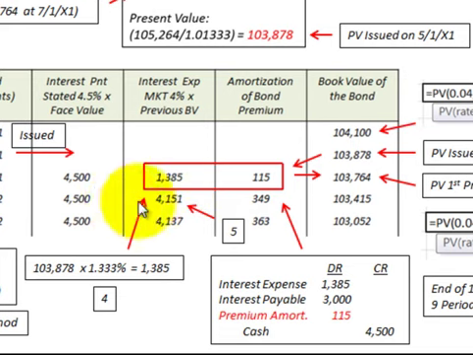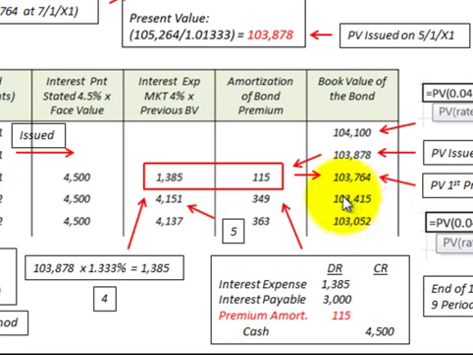Now taking the difference here between that interest payment of $4,500 and the interest expense, we have the amortization amount. Now this amortization amount here of, in this case, $349, it gets subtracted here from the bond carrying value of $103,764, and we end up with a new book value here.